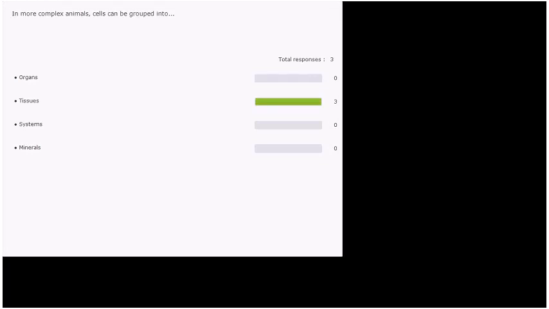I have 3 people that have clicked an answer, and oops, I have results hidden here. I can show everybody. So most people are saying tissues. So that's correct. So cells group together to make tissues, those ones that we discussed. Very good. All right, question 3.